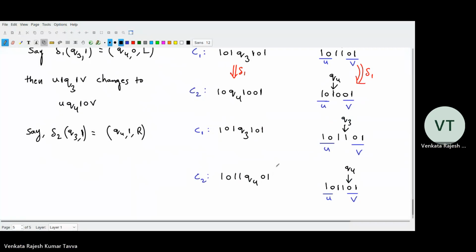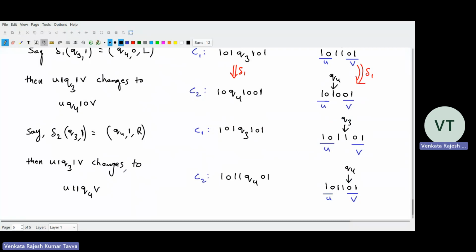Q4 0 1. Okay, in terms of UV, how do we write? Initially it is U1 Q3 1V, which changes to U11 Q4 V. So it means Q4 will be pointing to the first symbol of V. Basically, if you use S and T, you won't leave any symbols in between.